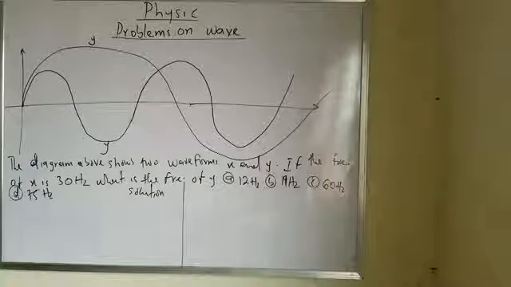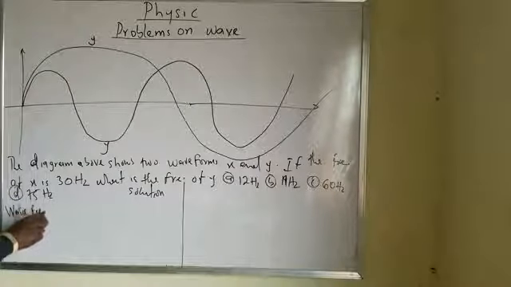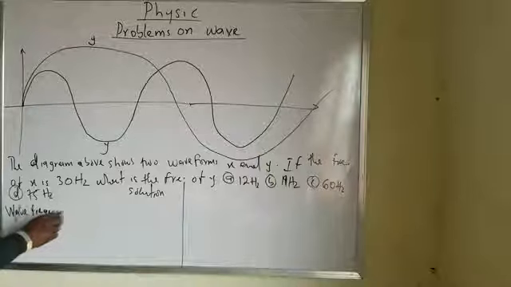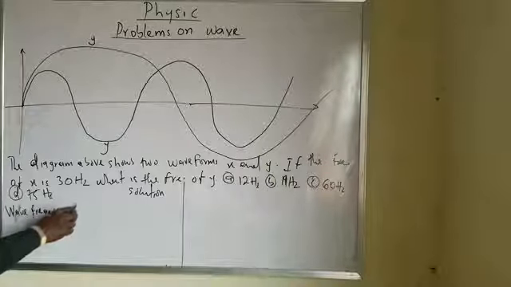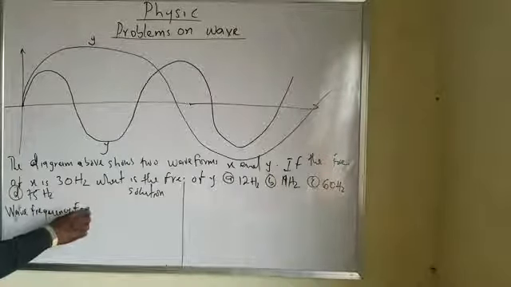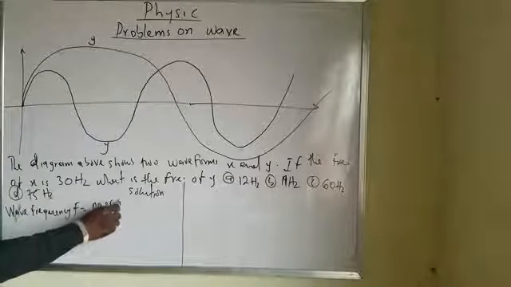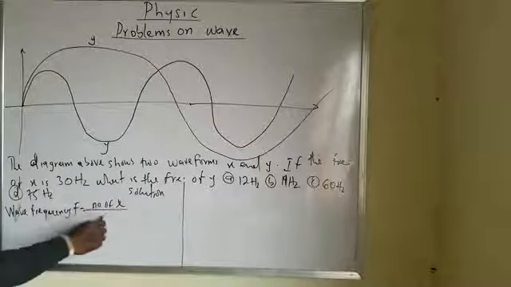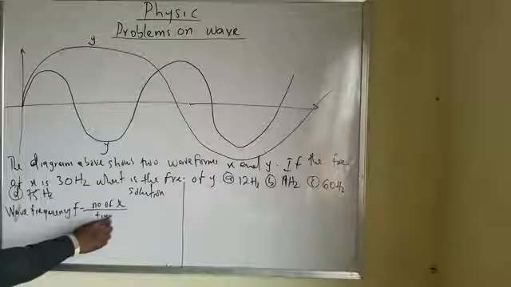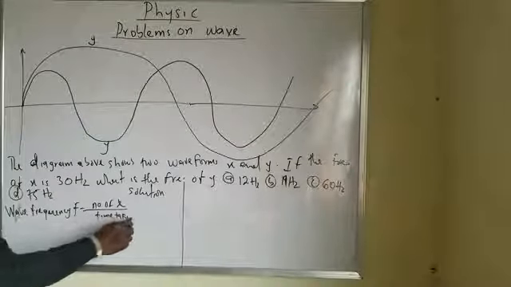Now, one thing I want you to know is that when we talk about wave frequency, which I've explained in our previous video, my wave frequency, which is my F, will be equal to the number of lambda divided by the time taken. That is frequency for you.